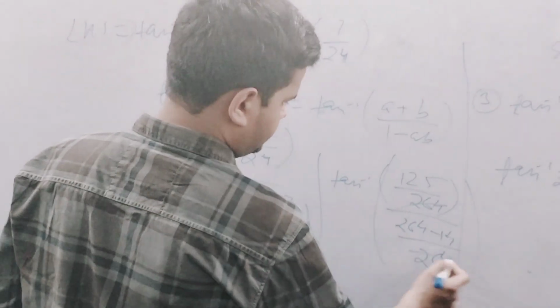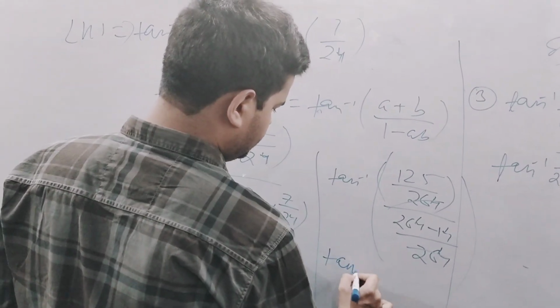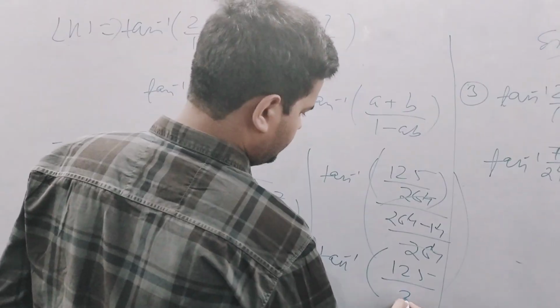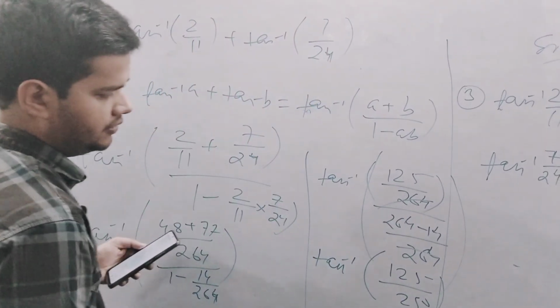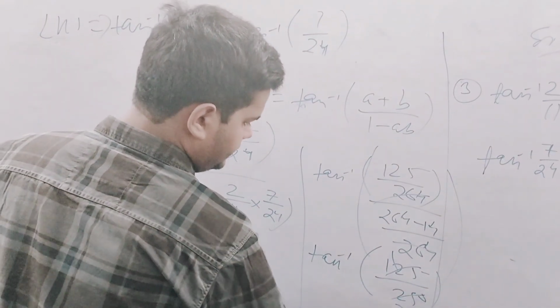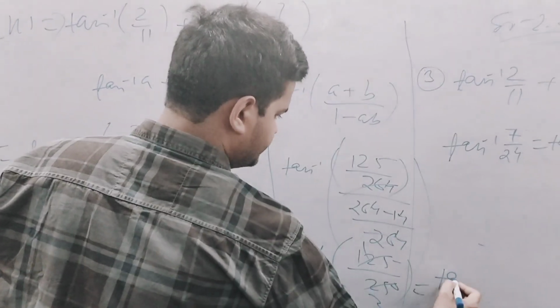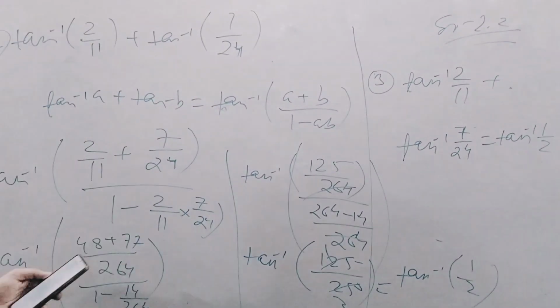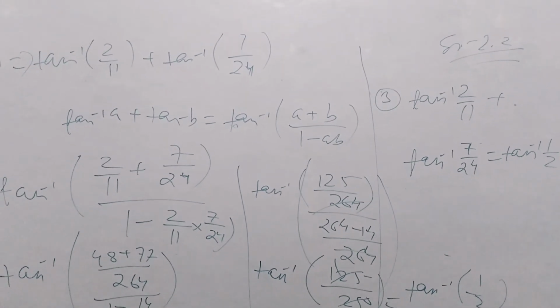So this is cancelled out. I get tan inverse 125 upon 250. Okay, so this is tan inverse half, which is equal to RHS, hence proved. Please note it down.